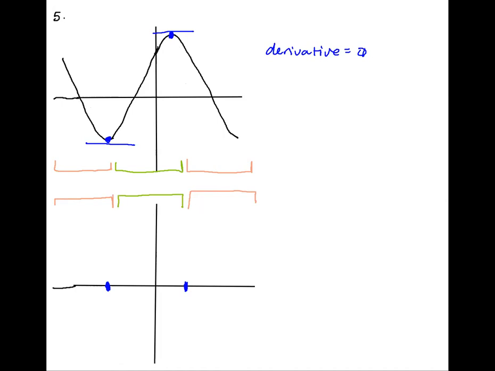Okay, so what does it mean to be increasing? What is that derivative going to look like on a derivative graph? If something is increasing, the derivative is going to be? It'll be positive. Exactly. And then if it's decreasing, it'll be negative.